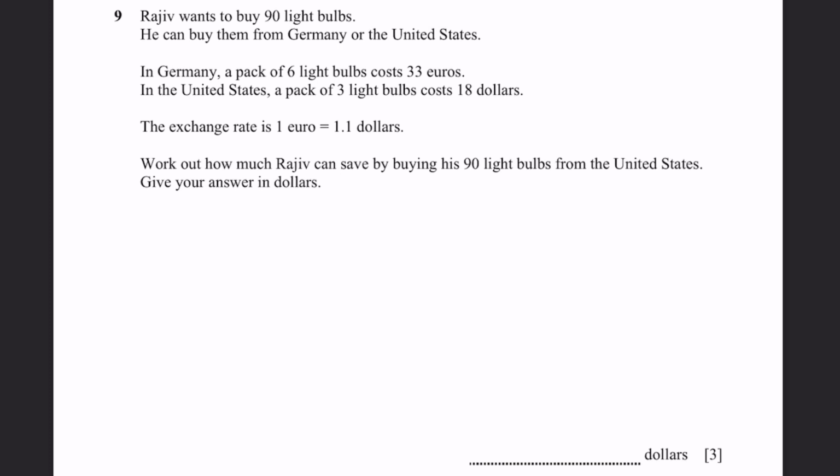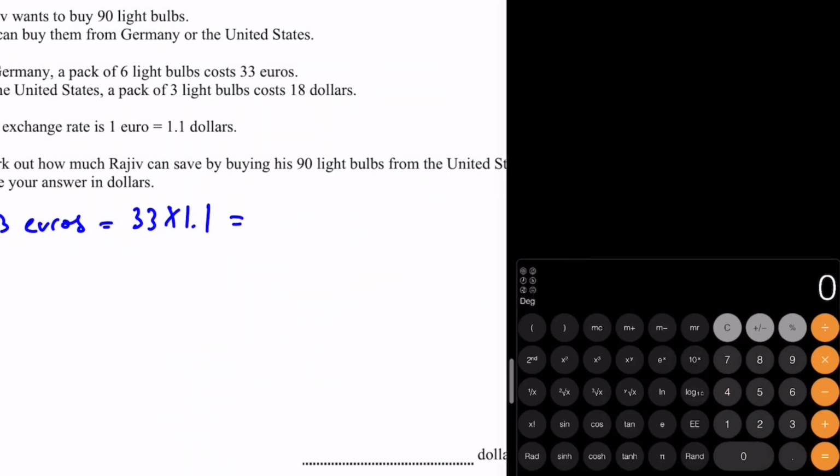First of all, let's find out how much 6 light bulbs cost in Germany in dollars. 1 euro equals $1.1, so 33 euros is equal to 33 times 1.1, and we can get our calculator out now. Here it is, 33 times 1.1, which is 36.3, and that is in dollars.